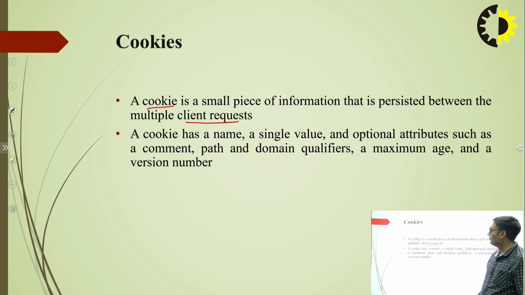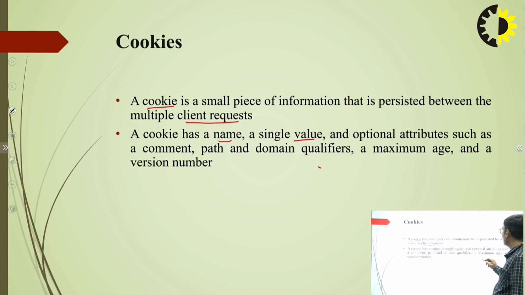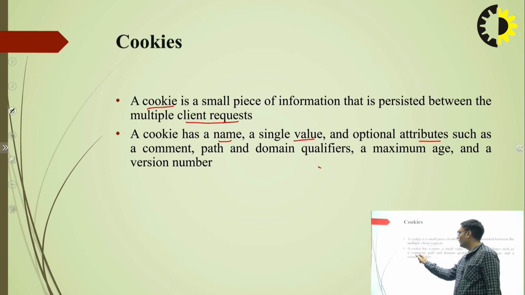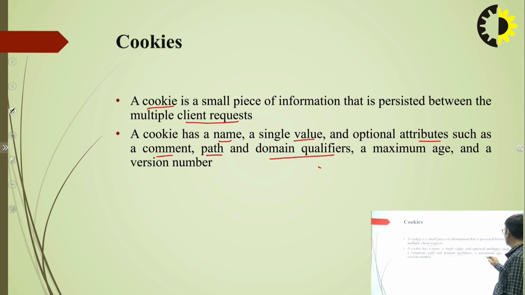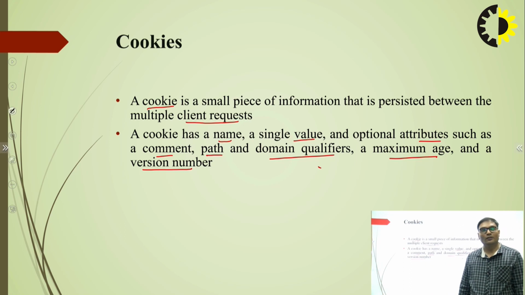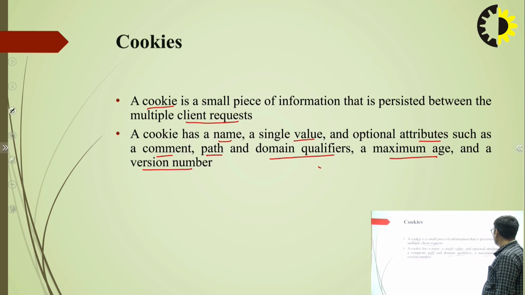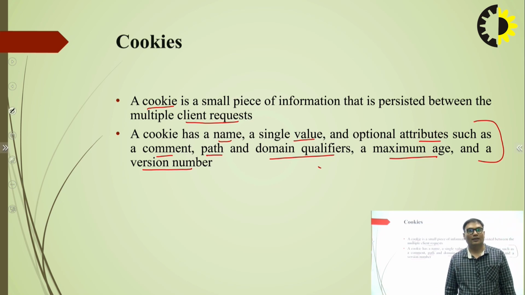So we can say a cookie has a name, a value and other optional attributes like comments, path, domain qualifiers, maximum age and a version number of the cookie. A cookie is a small file which has this type of information and is stored on a client machine.